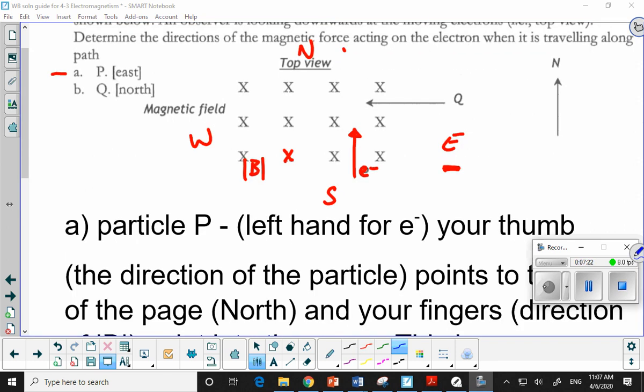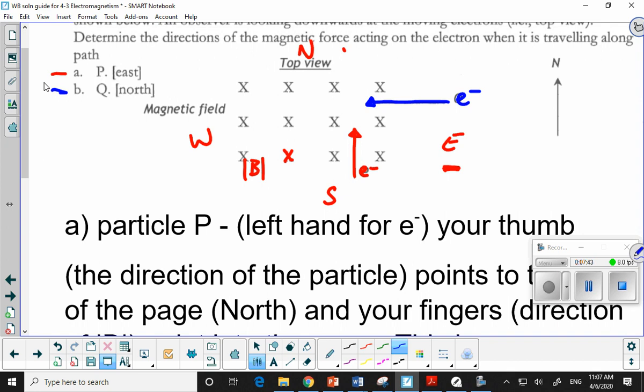So we get to B. We've got particle Q. So again, it's an electron. It's traveling in this direction. So using your left hand, because it's an electron, point your thumb towards the left-hand side of the page, which is the direction of the charge. Your fingers point into the page again.